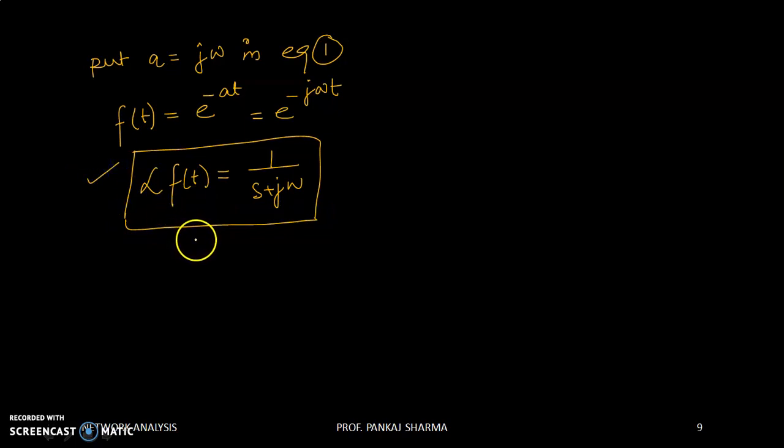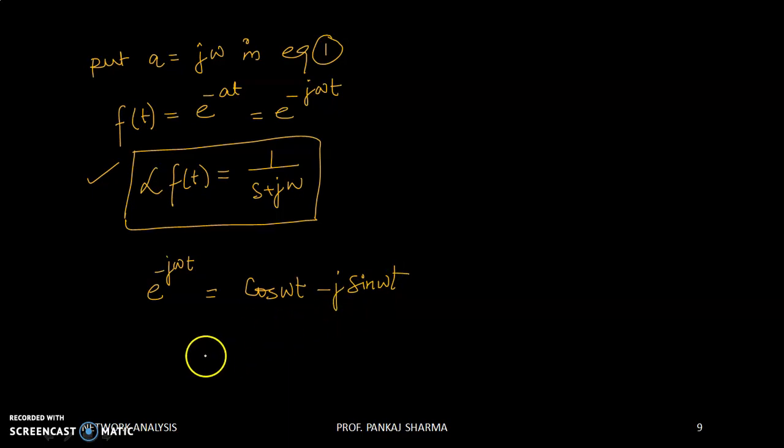Now by Euler's theorem, we know that e raised to power minus j omega t is actually equal to cos of omega t minus j sin omega t.